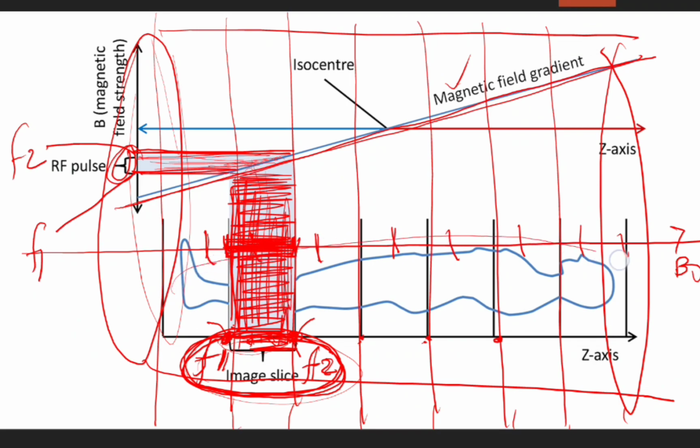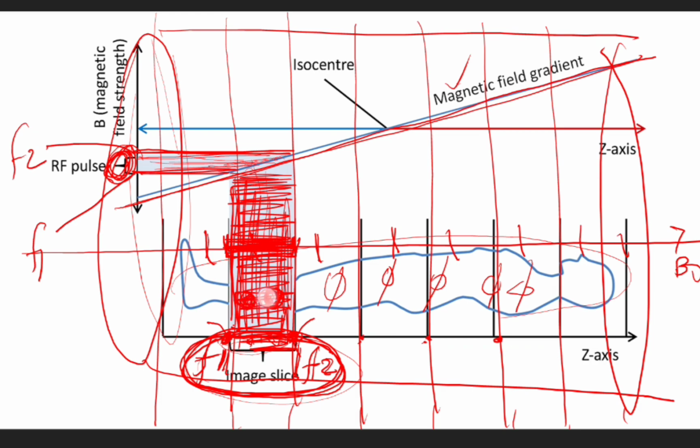So not all the hydrogen atoms inside the body will be excited, only the hydrogen atoms that are in the same frequency band. If we apply the same frequency as the hydrogen precession frequency, resonance will take place.